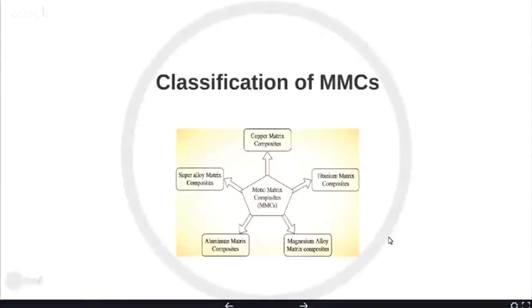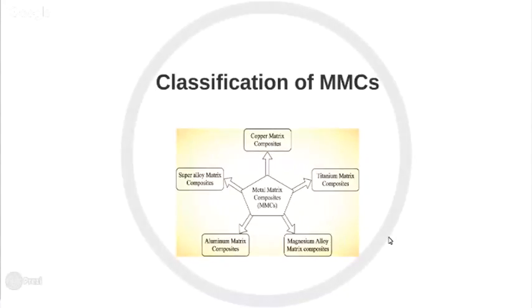When we are talking about metal matrix composites, we classify the composite with respect to their matrix as well as with respect to the reinforcement. The broader classification with respect to matrix is aluminum based, magnesium based, titanium based, copper based, or superalloy based.